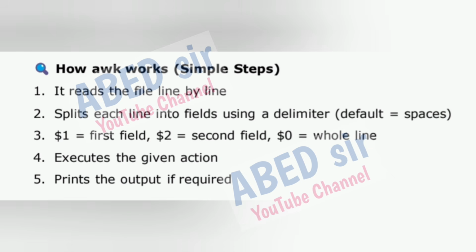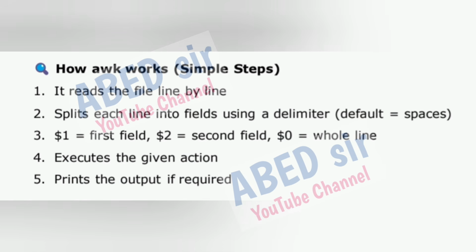How AWK works: simple steps. 1. It reads the file line by line. 2. Splits each line into fields using a delimiter, default is spaces. 3. $1 is the first field, $2 is the second field, $0 is the whole line. 4.